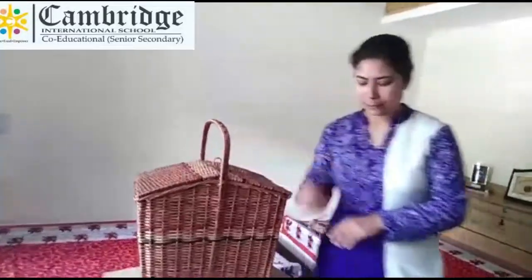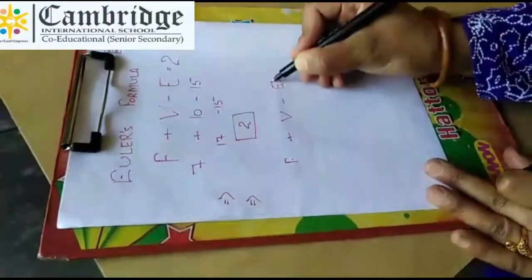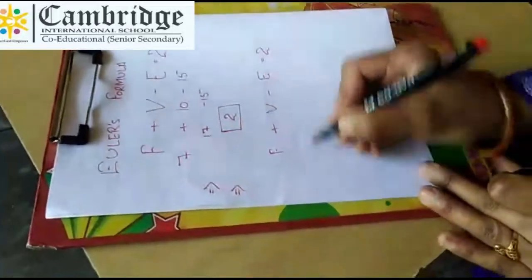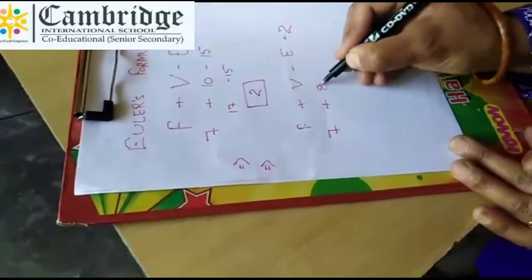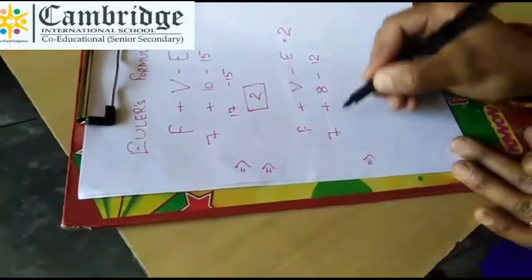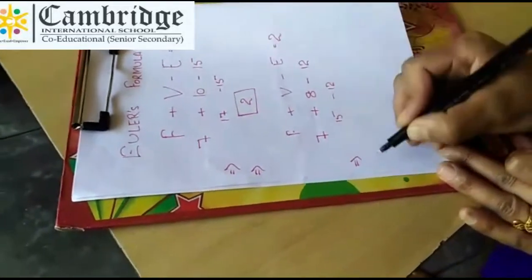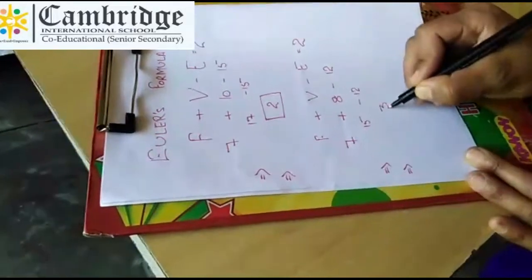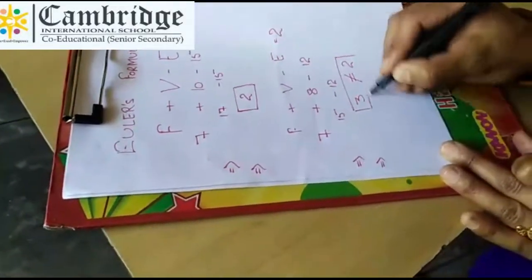Let's take a random example for this Euler's formula. If I put random values of faces, vertices and edges in this equation, suppose faces are 7, vertices are 8 and edges are 12. So what does it become? 7 plus 8, 15 minus 12, which equals 3, which is not equal to 2 as per our Euler's formula.